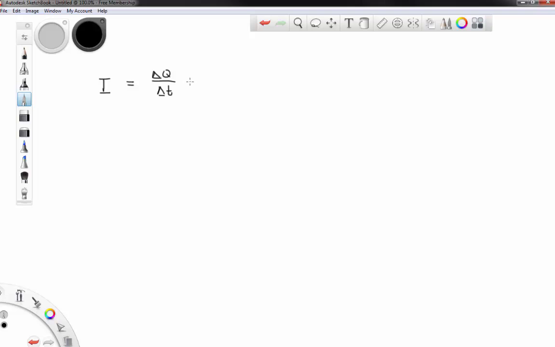And so we're basically looking for that. We want to know how many charges are going to pass through the wire per unit time.